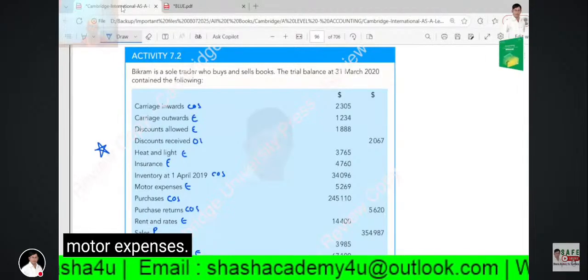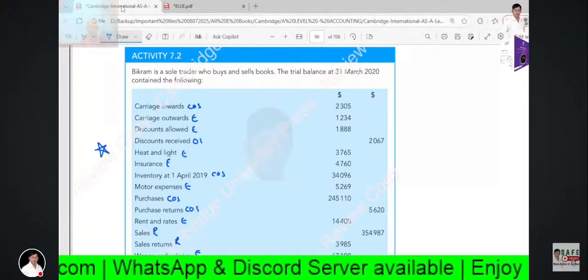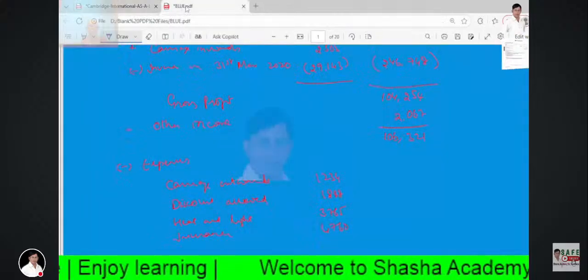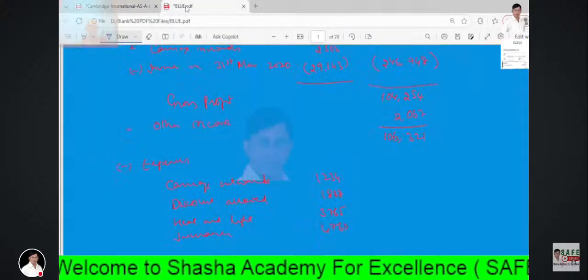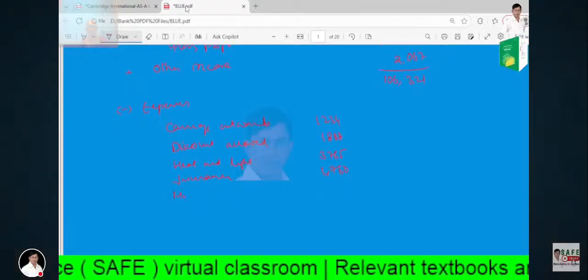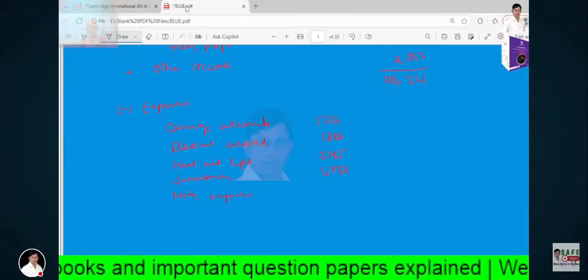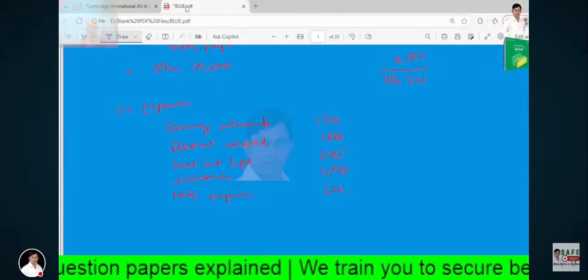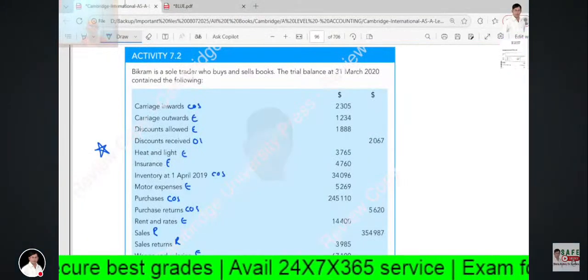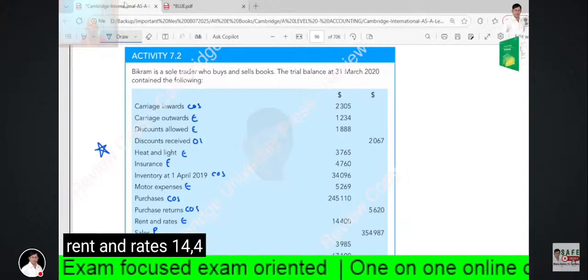Motor expenses 5269. Rent and rates 14,400.